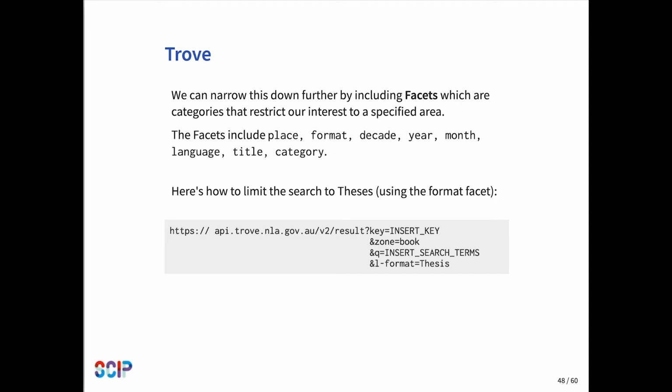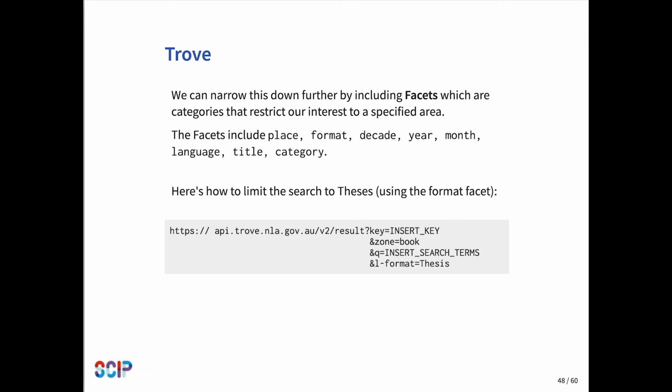So what would that look like in a URL? Well, as we see there, in this example we have the same structure of URL. We've got the key, the zone is book, and Q is whatever search terms we're looking at. But in this instance, we have the parameter for facet, and we're saying we're interested in the format facet, and we're particularly looking for theses.